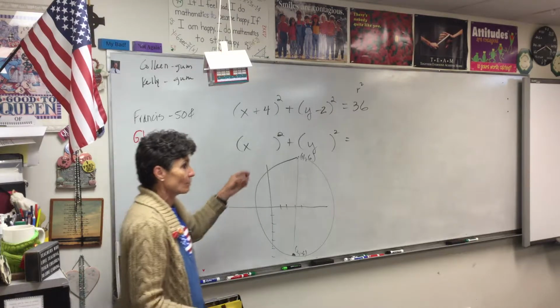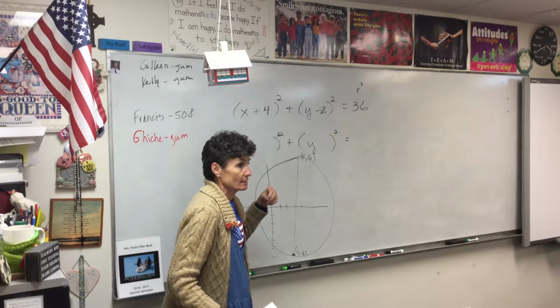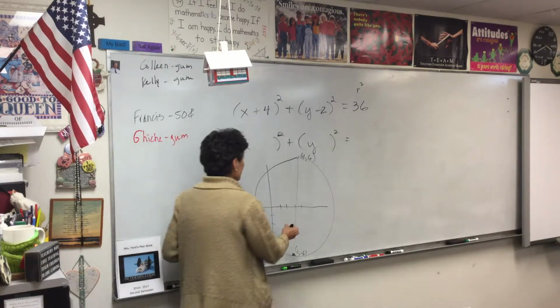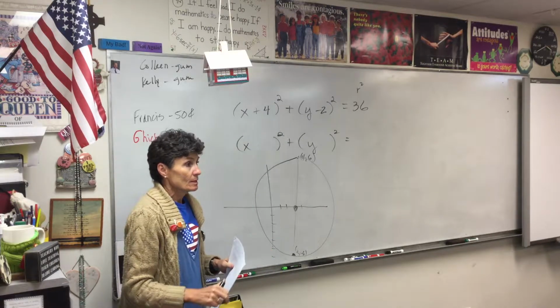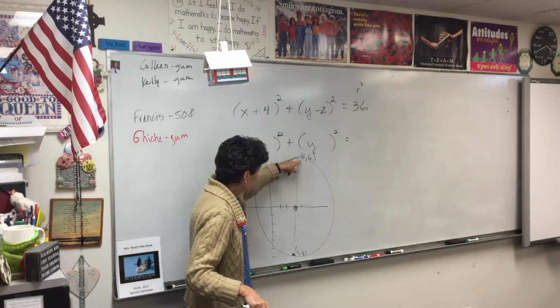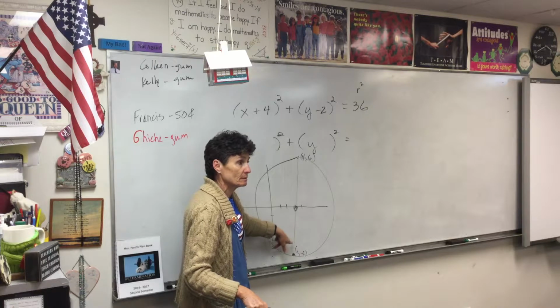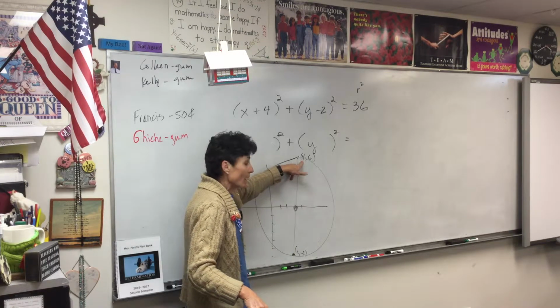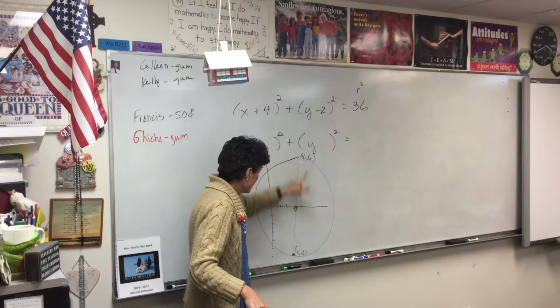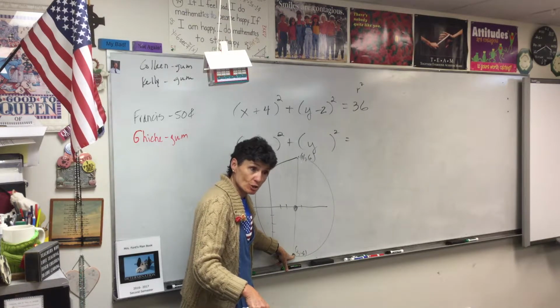First of all, does everybody remember what a diameter is? Okay, and the diameter is going to go right through the center, right? So the center will be the midpoint of these, the average. So one of your x's is 4, one of your x's is 2.